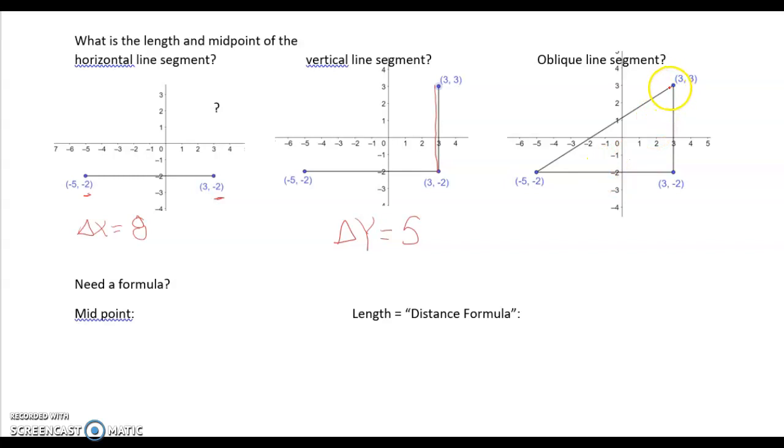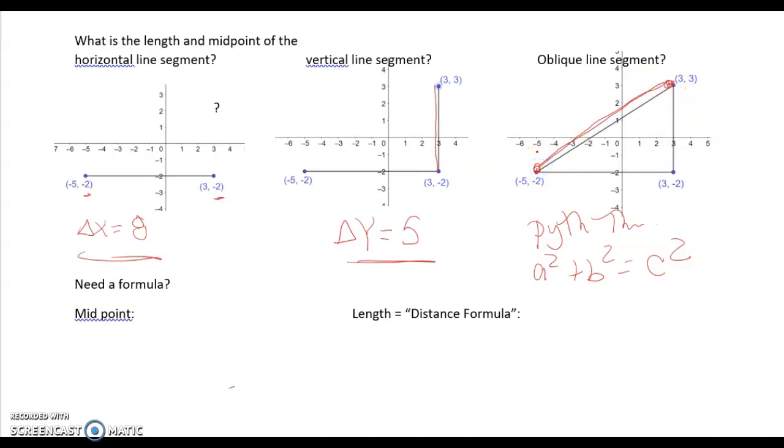Oblique line segment, so we don't necessarily need to have these two lines already there, but when you do, hopefully you'll recall the Pythagorean theorem. That's our a squared plus b squared equals c squared. Here's our a, here's our b, this is our c.